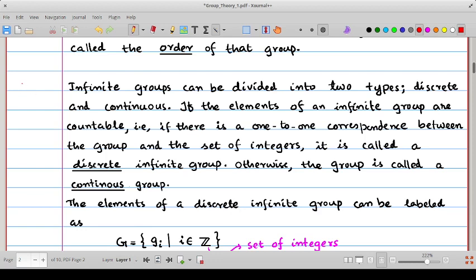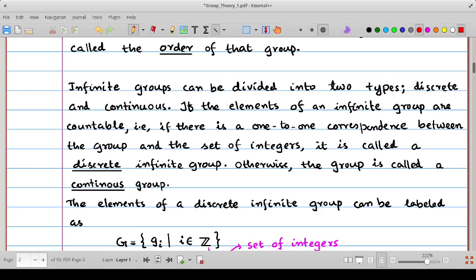If the elements in an infinite group can be identified as the first element, second element, third element, and so on, then we call it a countable group. So countability means that there is a one-to-one correspondence between the group and the set of integers. So it is a discrete infinite group.